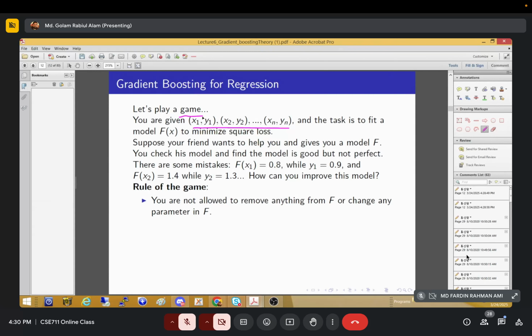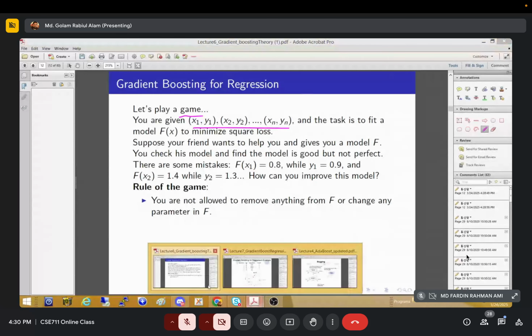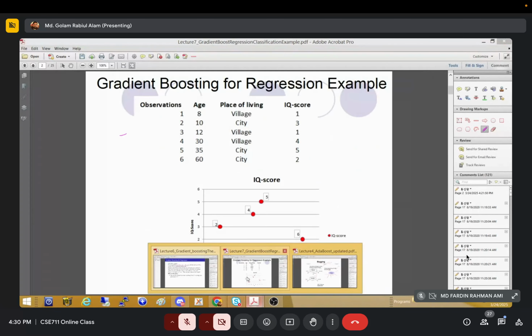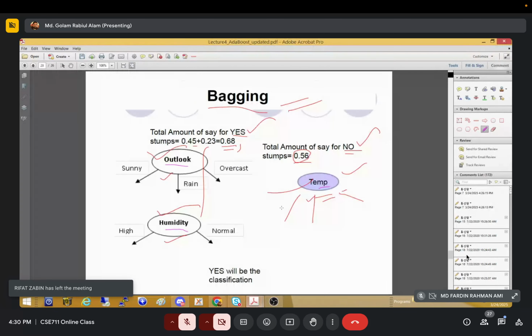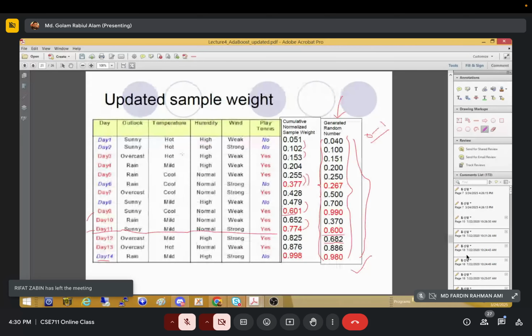Okay, so x1, x2, and xn are our feature vectors or feature values, and y1, y2, and yn are our class labels. Like in our last class of AdaBoost, we considered that this is our data set.